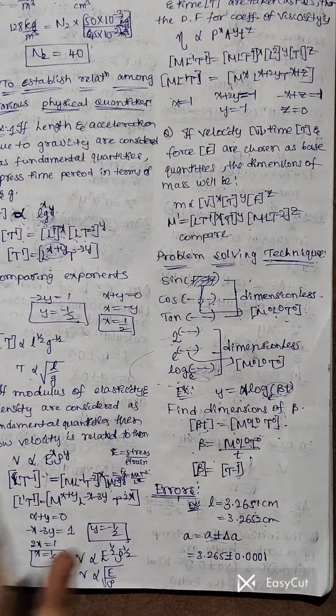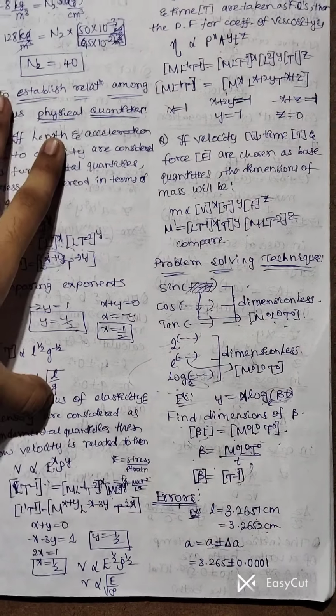Any measuring instrument contains some error, or else there may be error because of the way we see it, or because of the measuring instrument. So we have to calculate that error.